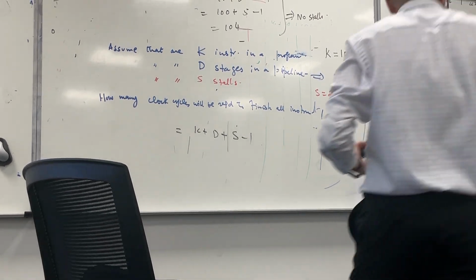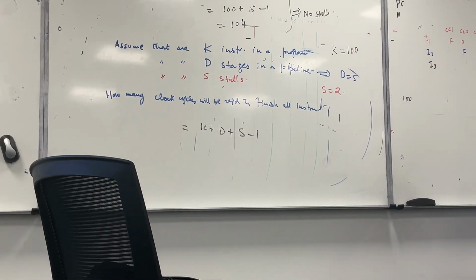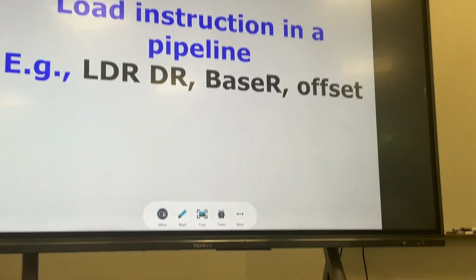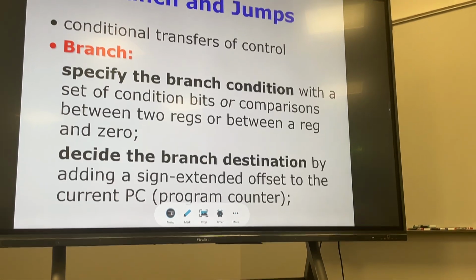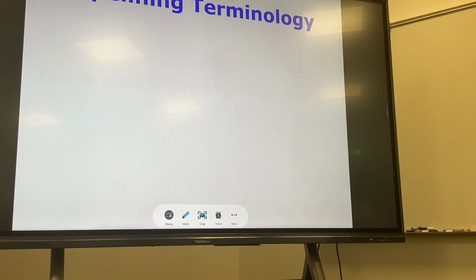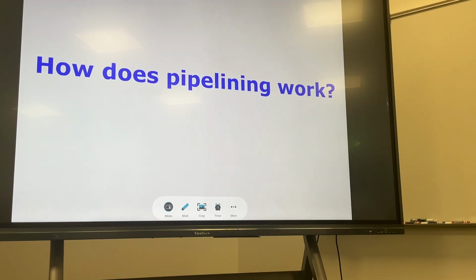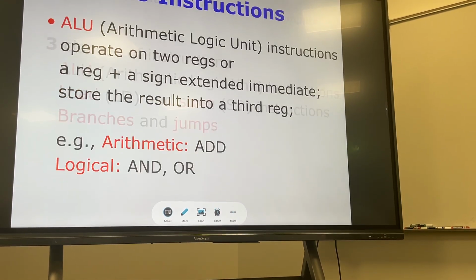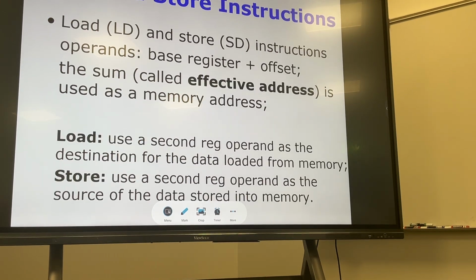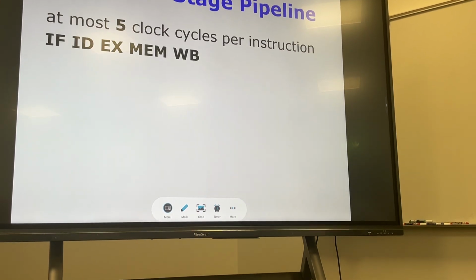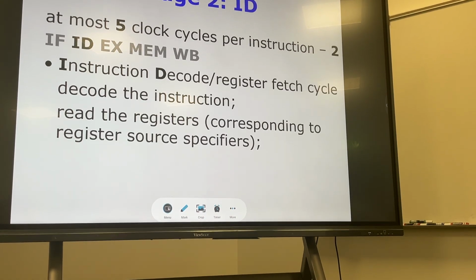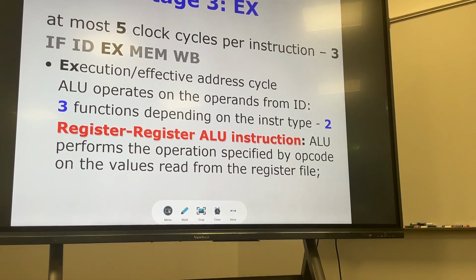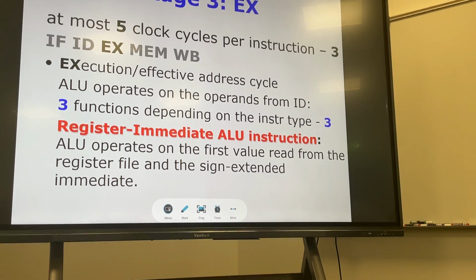Okay. So now, please remember we have all these things. Please look at how pipelining works, its properties. We have three classes of instruction: load and store, arithmetic, and branch instruction. These are the 5 stages, PC plus 4, decode stage. We have the memory reference instruction, the register ALU, the register immediate, we also did it.